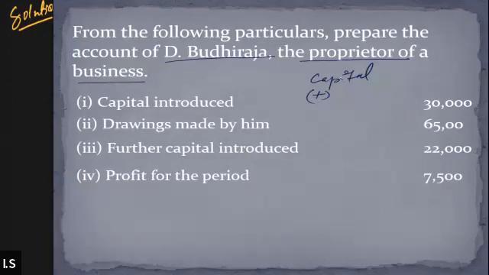Increase or decrease? Increases, right? And I've already told you that whenever capital increases, tell me what do we require to do? Credit, correct. So capital introduced needs to be recorded on the credit side of the capital account.